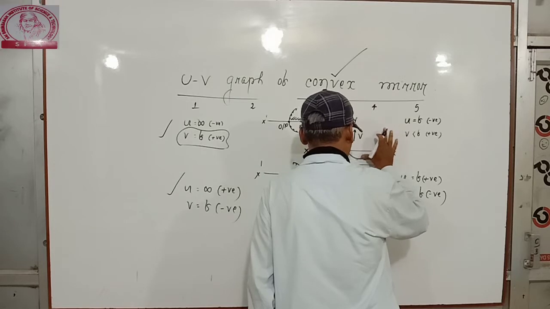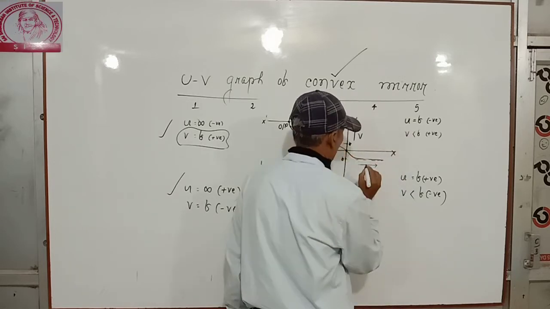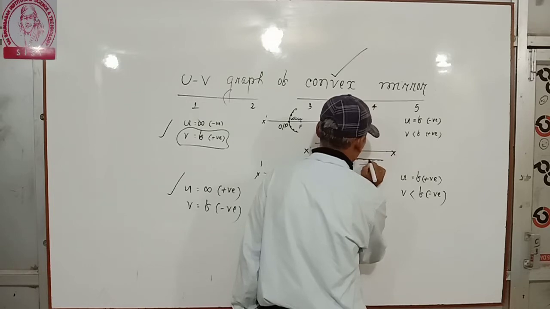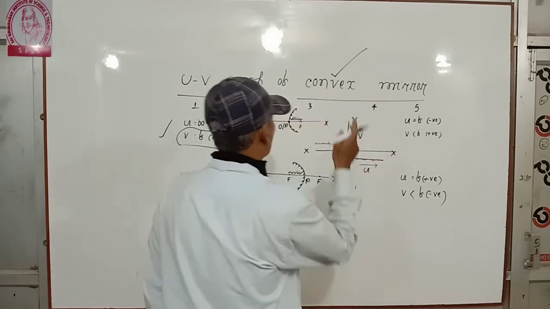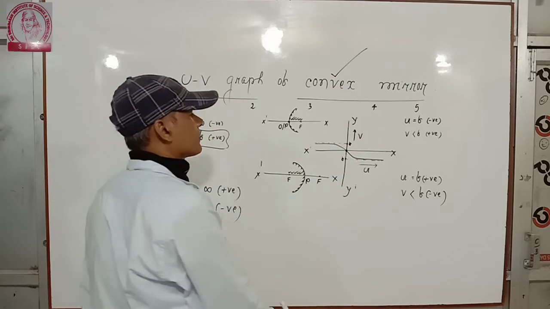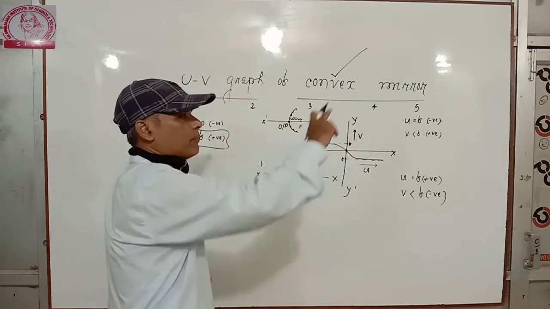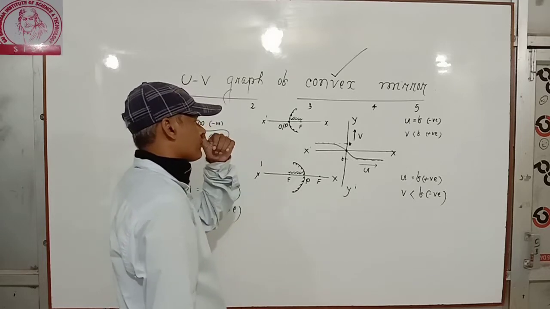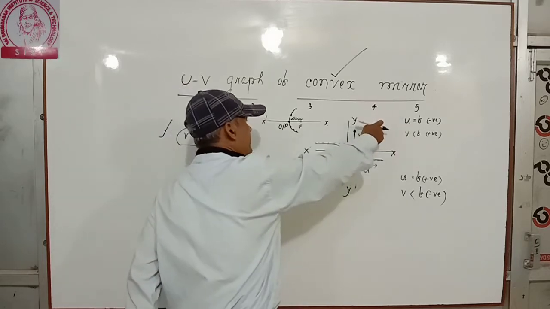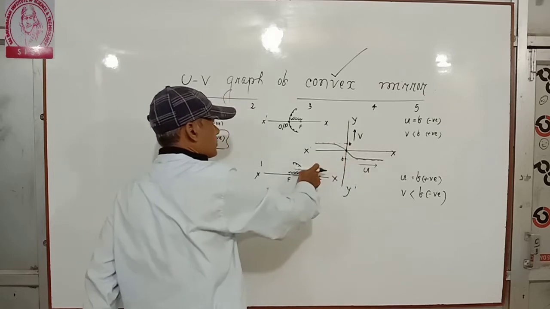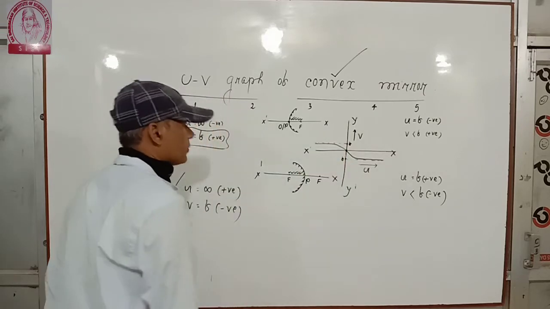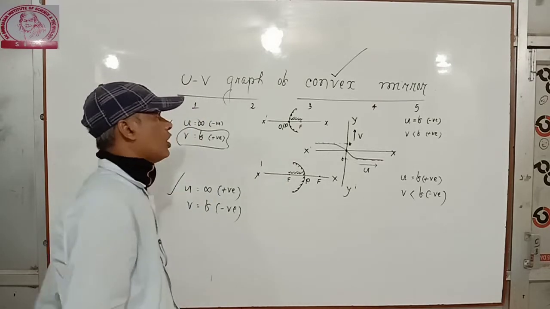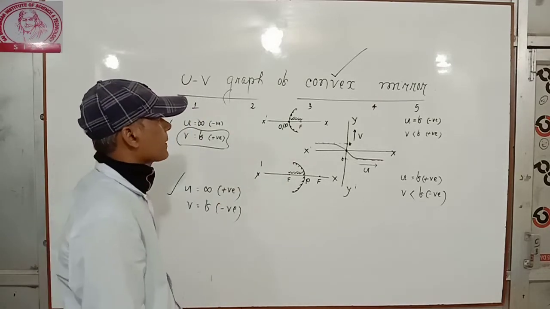In case of concave mirror, the hyperbola generates in the first quadrant and third quadrant. Okay, this is all about the UV graph of convex mirror.